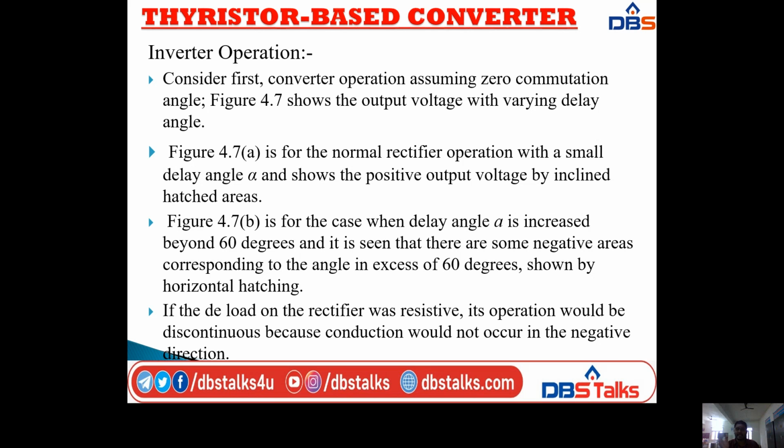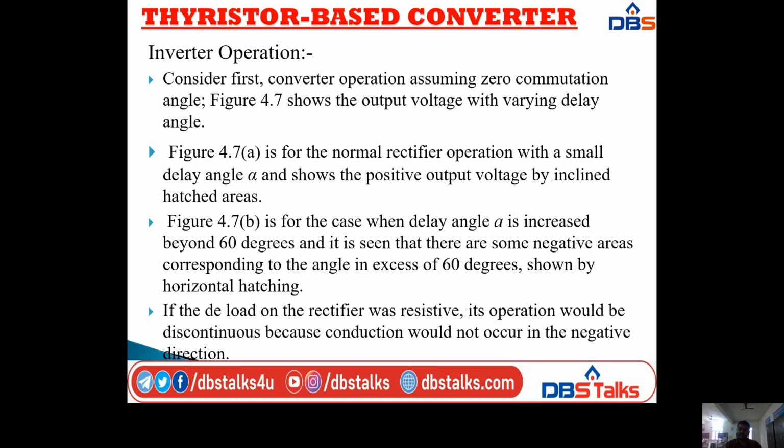Here I will show the diagram. It shows the output voltage with varying delay angle. It consists of two diagrams. The first diagram is for the normal rectifier operation with a small delay angle alpha, and shows the positive output voltage by inclined hatched areas.